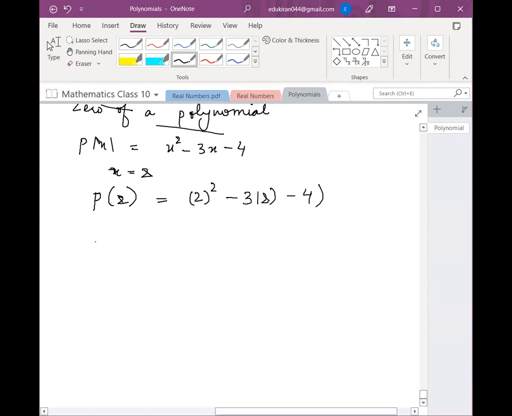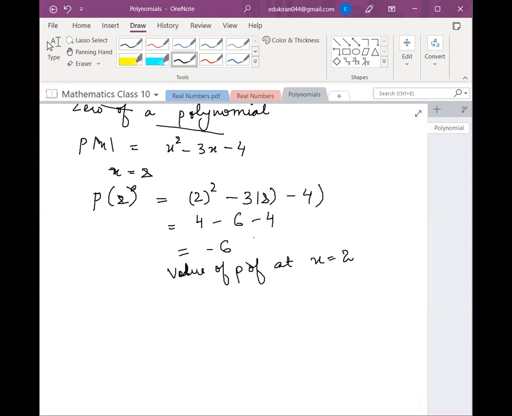This will be 4 minus 3 into 2, which is 6, minus 4. So 4 minus 4 is 0, and minus 6. This is called the value of the polynomial. So minus 6 is the value of the polynomial at x equal to 2.